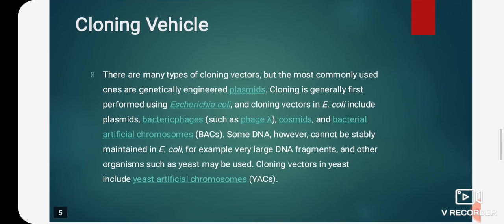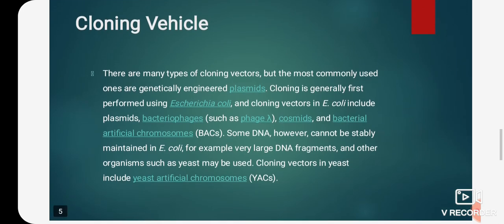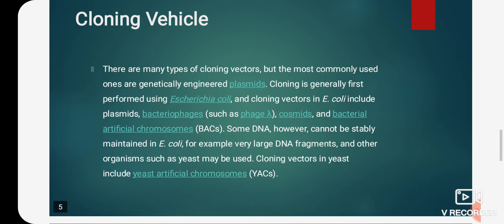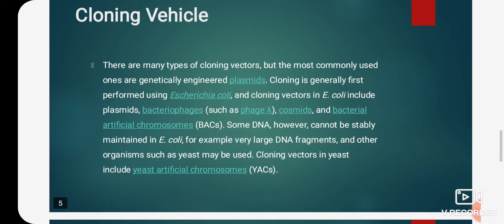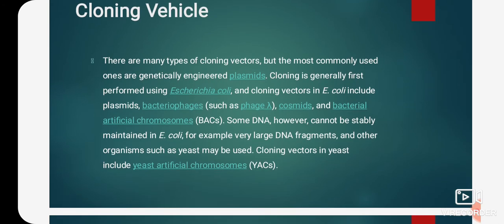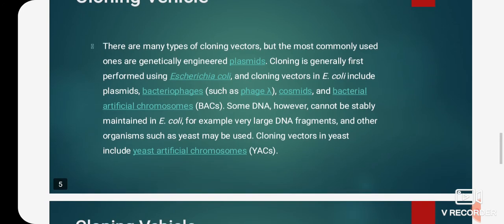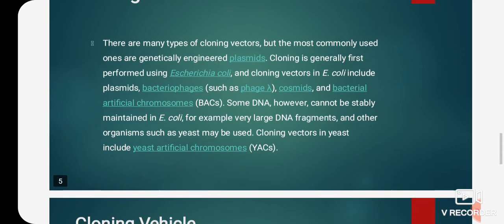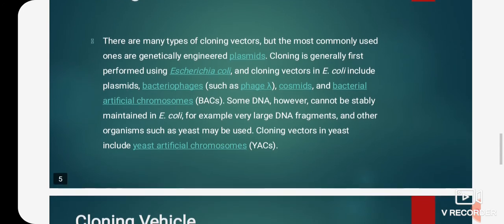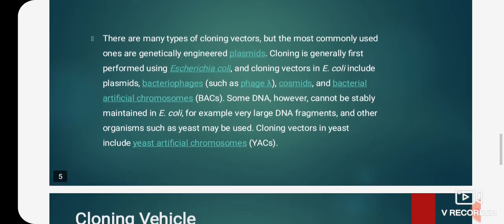Cloning is generally first performed using Escherichia coli and E. coli vectors. Vectors in E. coli include plasmids, bacteriophages such as phage lambda, cosmids, and bacterial artificial chromosomes, that is BACs.